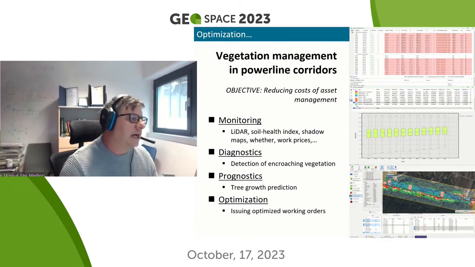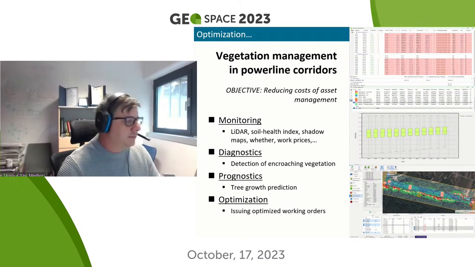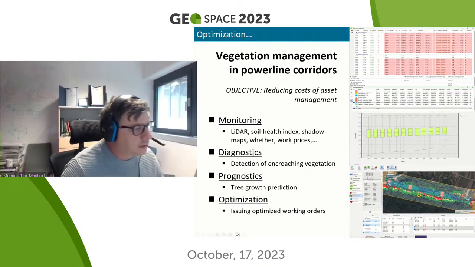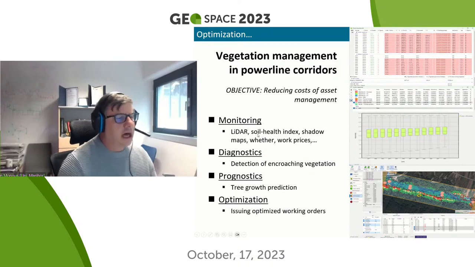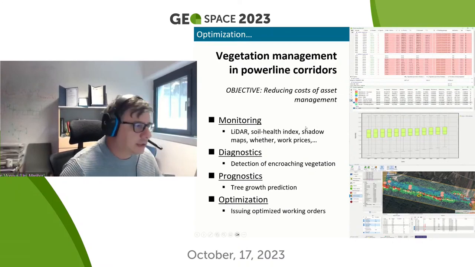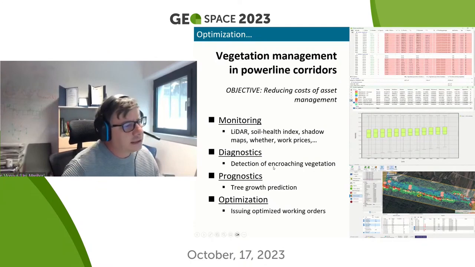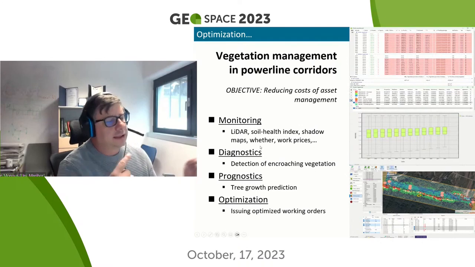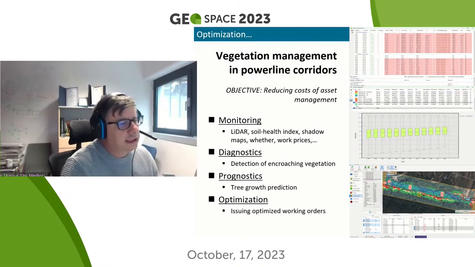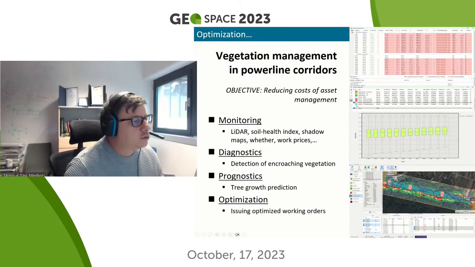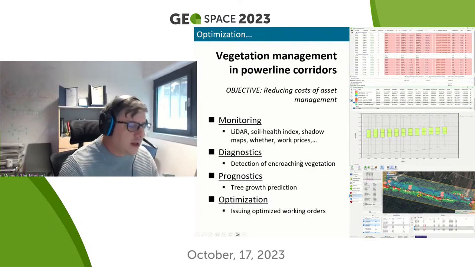When it comes back, it imports the data into our system, and then the 3D models are automatically generated. 3D models of power transmission lines, 3D models of vegetation, and then the whole vegetation lines are inspected in order to see whether there is a tree too close to the power transmission line.